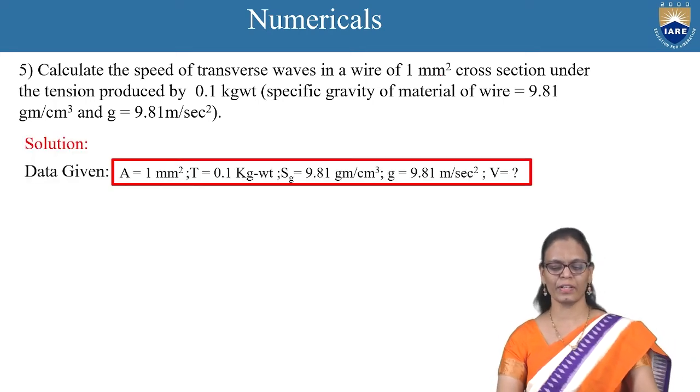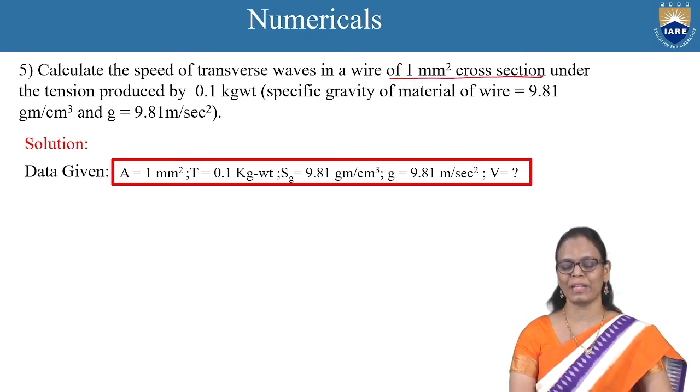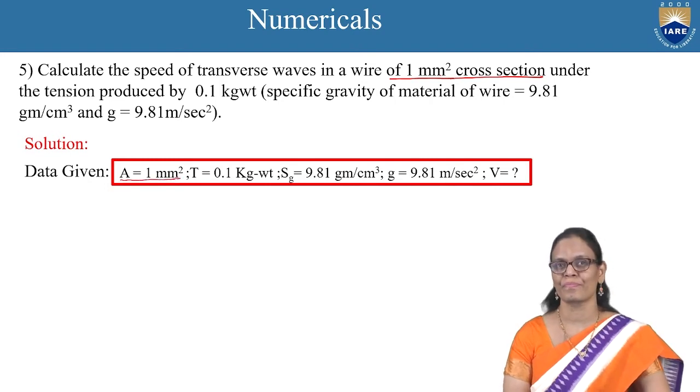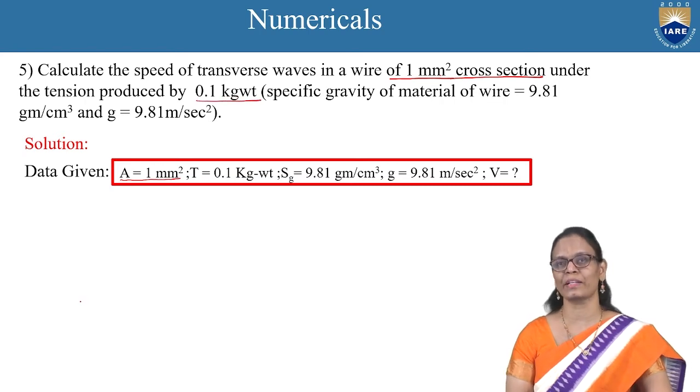What is the data given? The area of cross section is given as 1 millimeter square. So we are writing A as 1 millimeter square. And the tension produced is 0.1 kg weight.